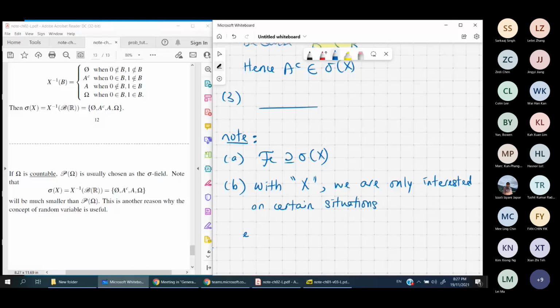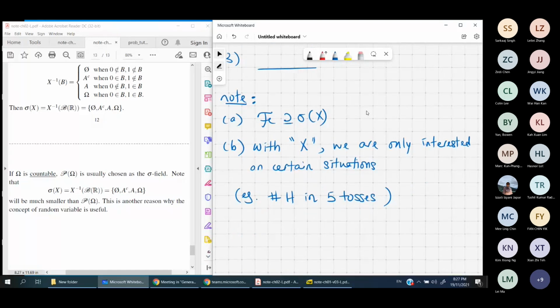For example, let's say we are interested in the number of heads in 5 tosses.